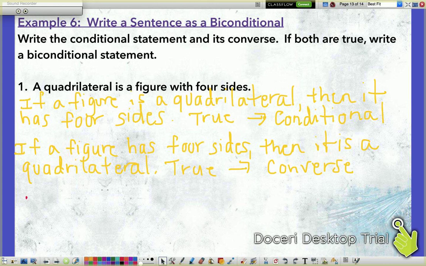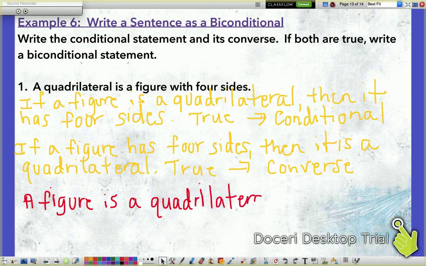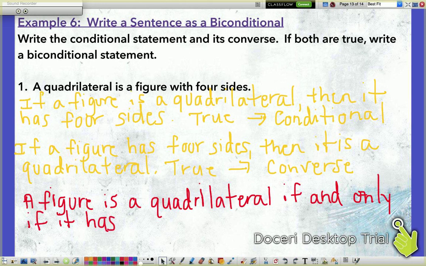So I'll say a figure is a quadrilateral if and only if it has four sides. Okay, that was weird. Okay, that is our biconditional.